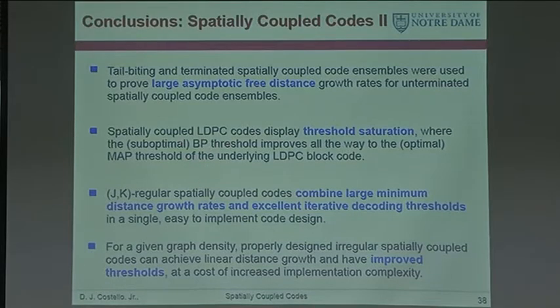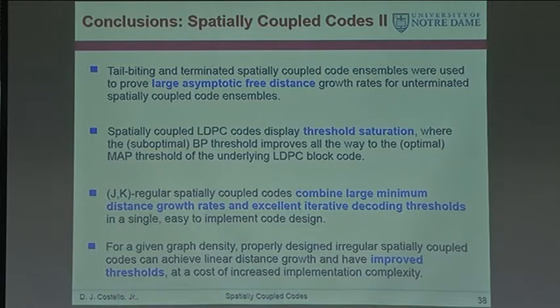4/8. So spatially coupled codes display this threshold saturation effect where you get performance of MAP decoding with suboptimal BP decoding. And the JK regular spatially coupled codes combine these large distance growth rates with the iterative decoding thresholds, the threshold saturation effect.